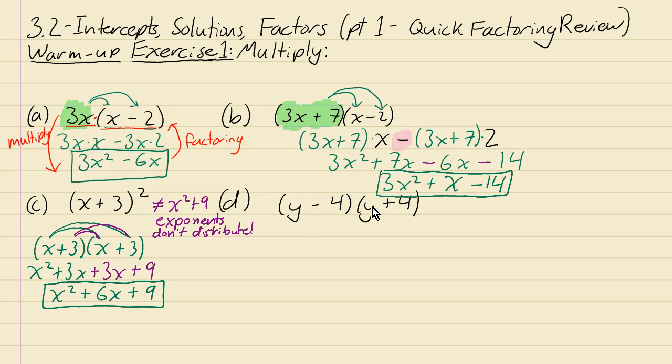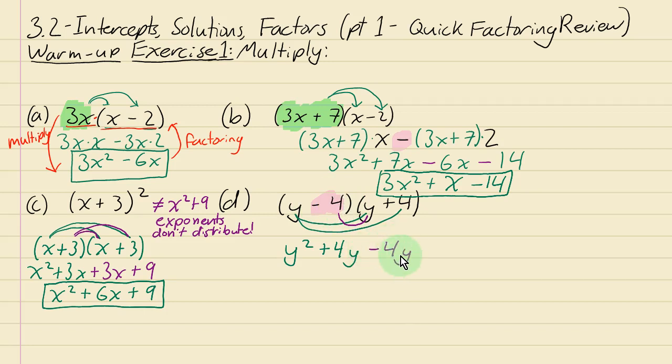Same thing here, we're just going to FOIL this. So let's see, we're going to have that y times y and that y times 4. That will make y squared plus 4y. And with this one, we're going to do negative 4 times y here, because that negative 4 is negative.